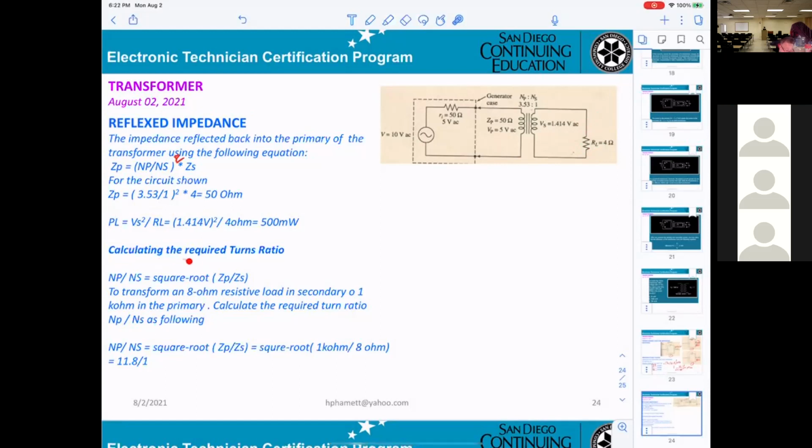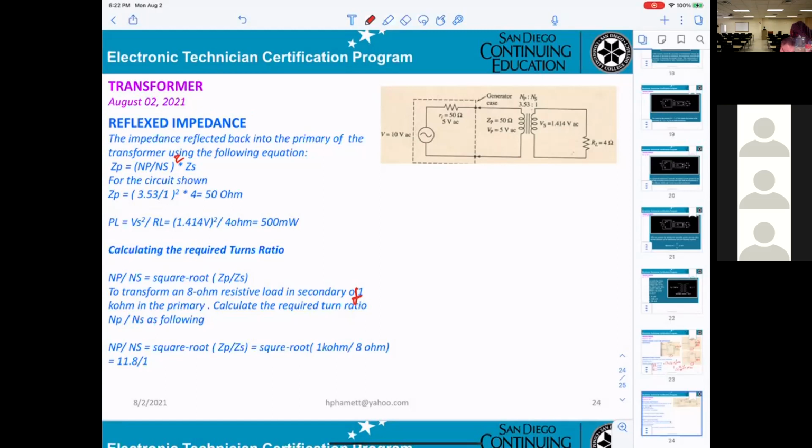Now, a little more here. If you want to calculate the required turn ratio, to transform an 8 ohm resistive load in a secondary of 1 kilo ohm in the primary, they want to calculate the required turn ratio NP over NS.